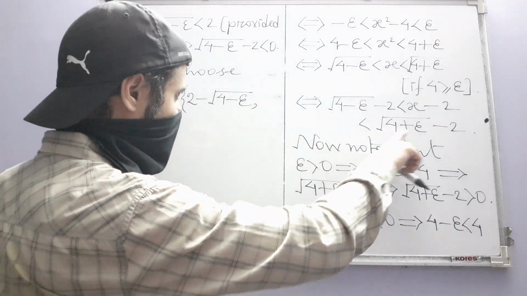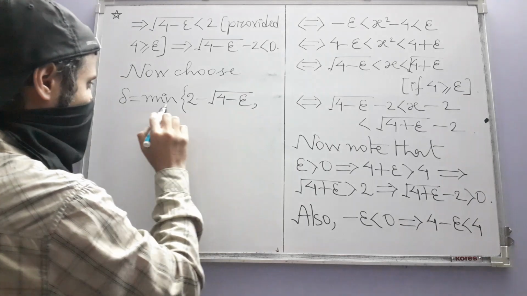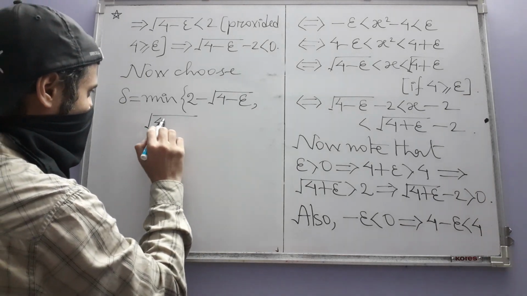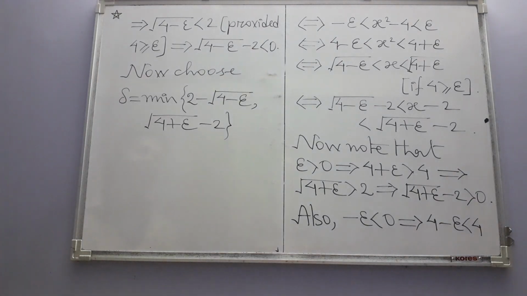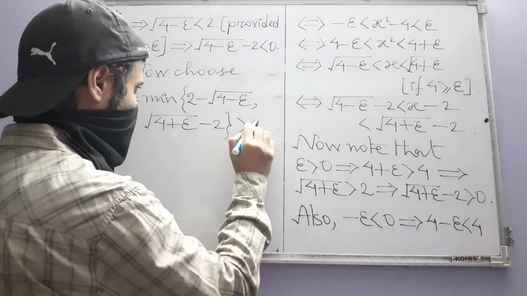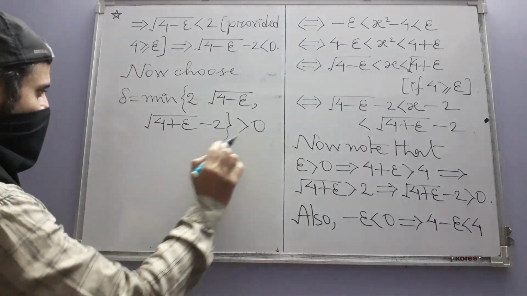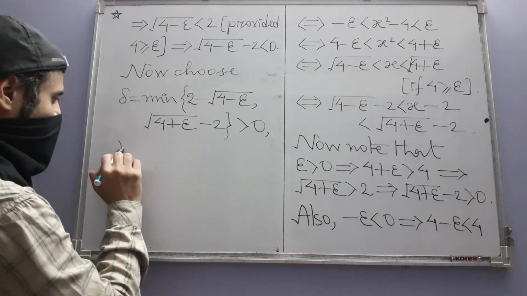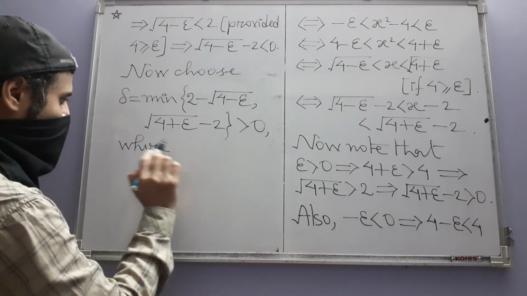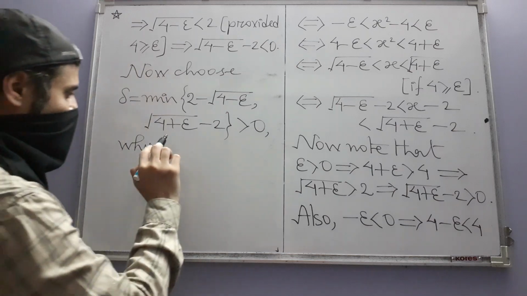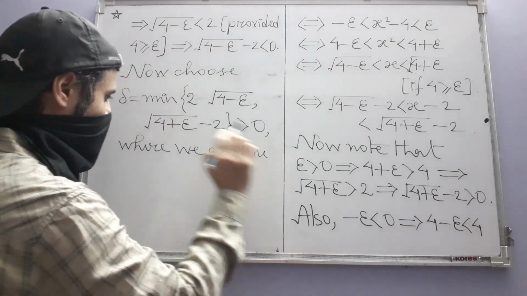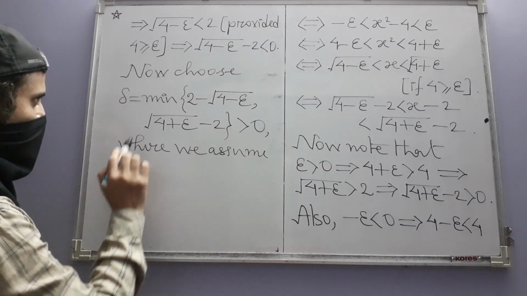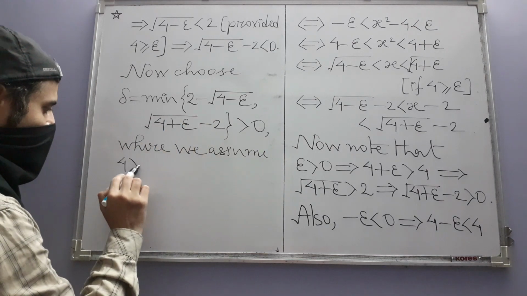And the absolute value of this, but this is positive, so we choose this. Definitely this is greater than 0. But now we cannot get around this fact that we have to assume this, because otherwise it becomes meaningless.